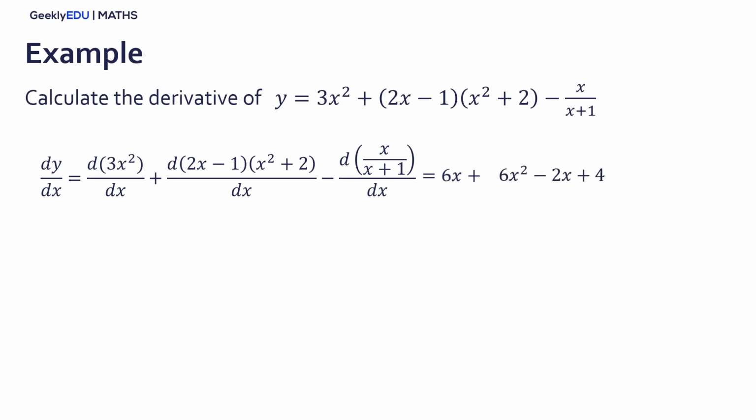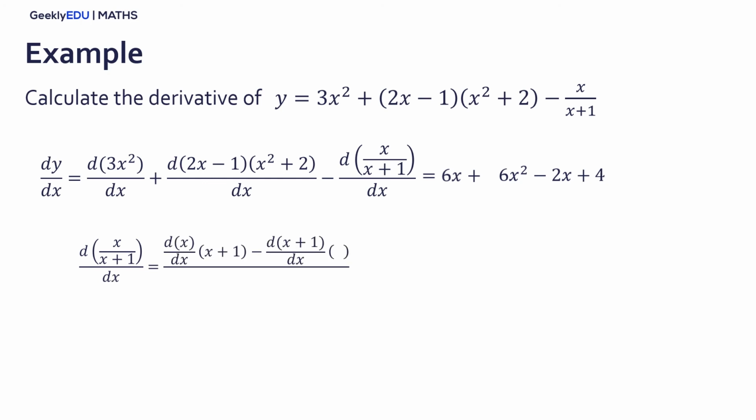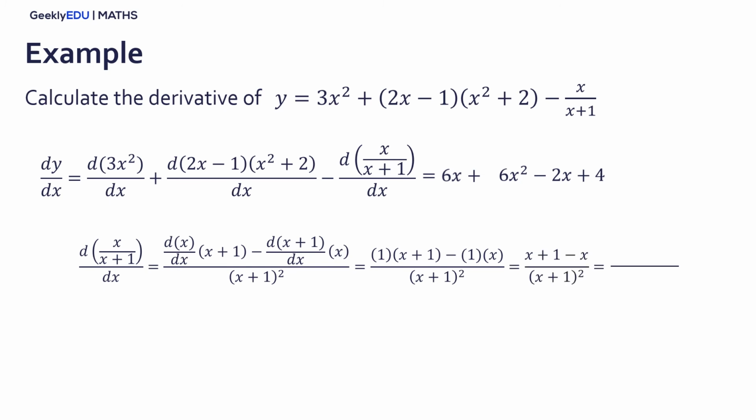And for the third term, we are going to use the quotient rule, substitute the values, and simplify. We get that the derivative is x divided by the square of x plus 1.